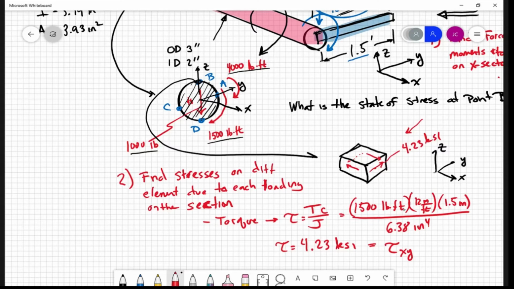So on this front face, yeah, the torque is giving me a shear stress in the Y direction. But on the back face of that cube, it would be in the opposite Y direction. But also in the side plane, which is going down the x-axis, you would see this shear traction.